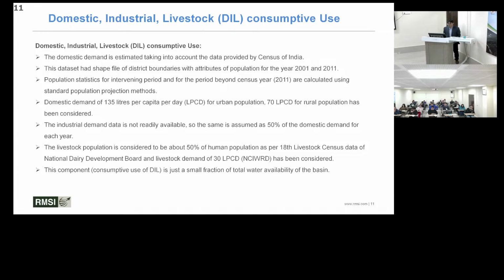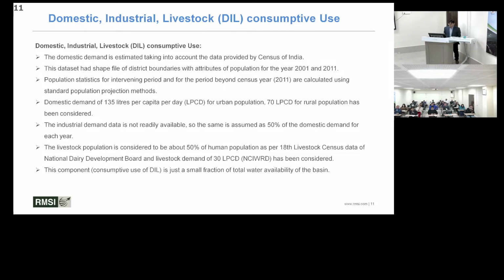As I have already discussed, the domestic, industrial and livestock consumptive use and the water demand you can estimate if you estimate your water potential in the basin. For domestic water demand, there are guidelines: 135 liters per capita per day, LPCD, for urban, and 70 LPCD for rural population.